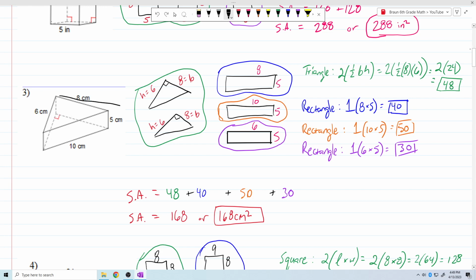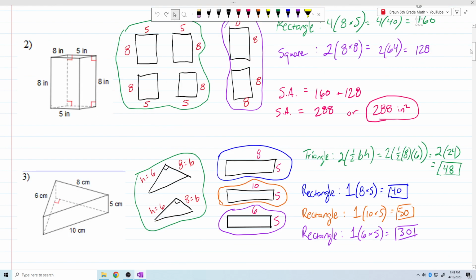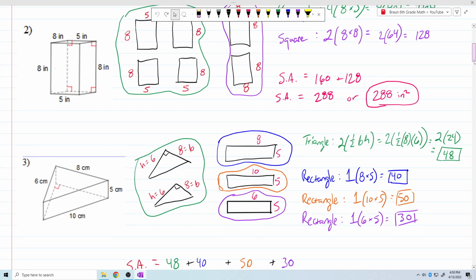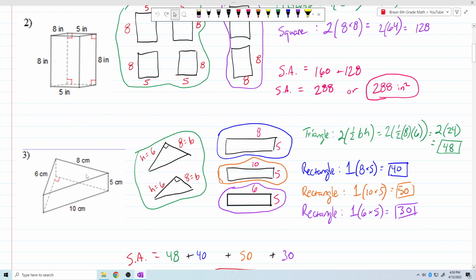And now the thing about these triangular prisms, especially these right triangular prisms, is you have to pay attention to the, I'll call them the long and skinnies, or even rectangles, I guess, for lack of better words.